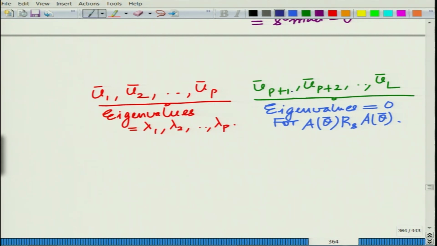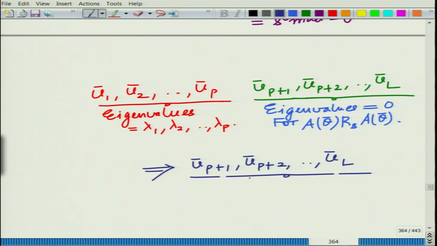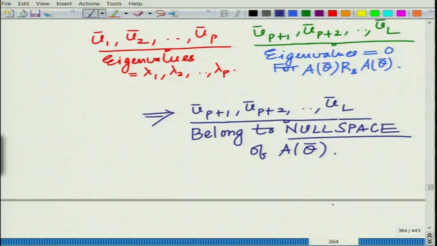So, u bar p plus 1, u bar p plus 2, up to u bar L, these L minus p eigenvectors are essentially the eigenvectors of the matrix A theta bar R S A theta bar Hermitian corresponding to 0 eigenvalues, and therefore they belong to the null space. This is an important property: these belong to the null space of A theta bar Hermitian.